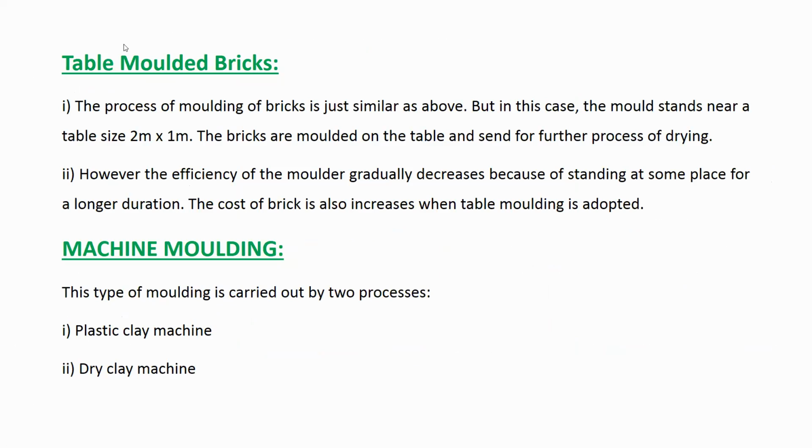Now in machine molding we have the plastic clay machine and the dry clay machine. This type of molding is carried out by 2 processes: first is the plastic clay machine and second is the dry clay machine. Let us discuss these 2 types of machine molding.